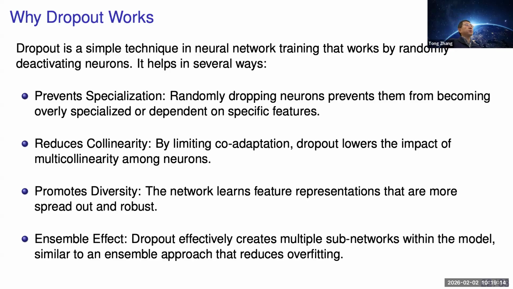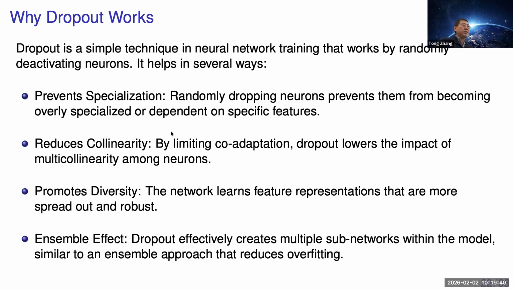You are not able to make a change. These two neurons will always stay identical, if at some point both weights and outputs are identical. This is called collinear. Basically, they are not doing different things. We hope the neurons do different things.